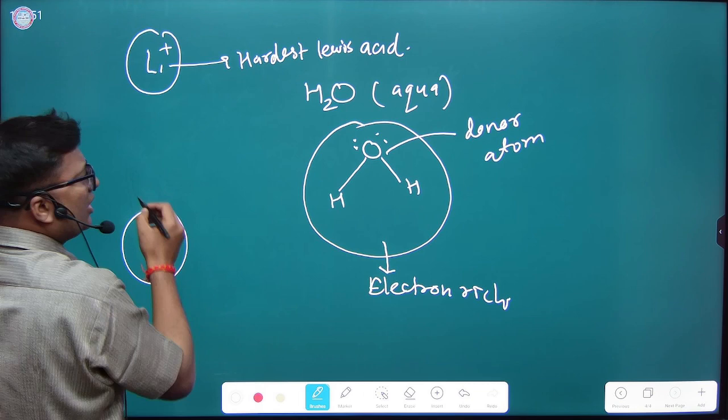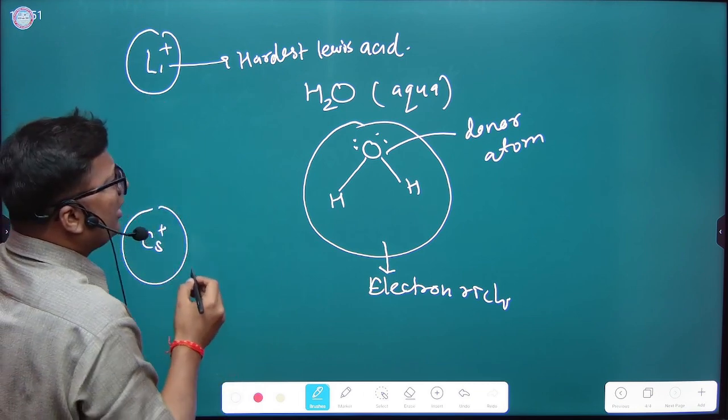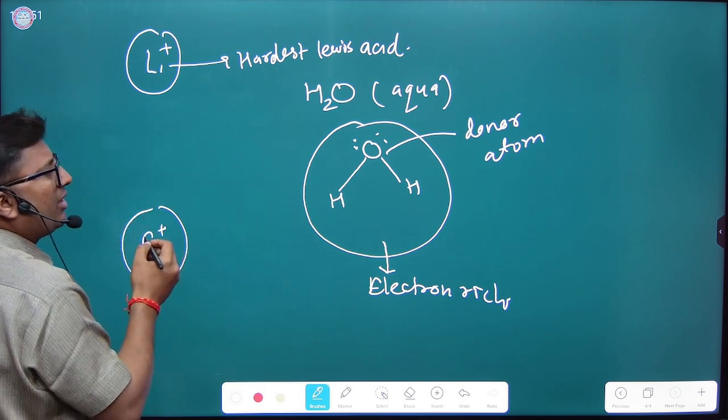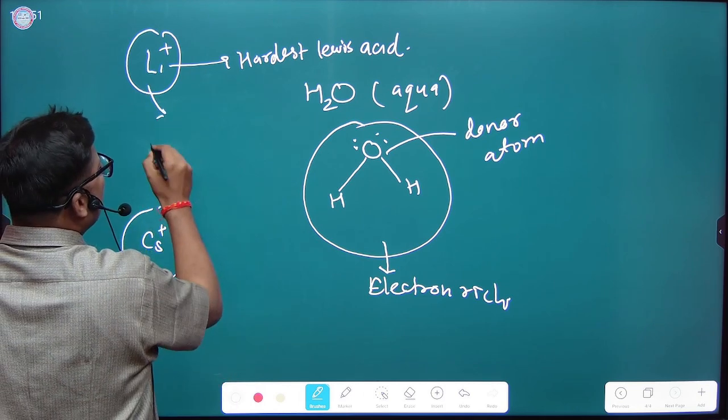Because of its positive charge, it is electron deficient in nature, and it has a suitable orbital to accept a pair of electrons. So this is what we call an acceptor cation.